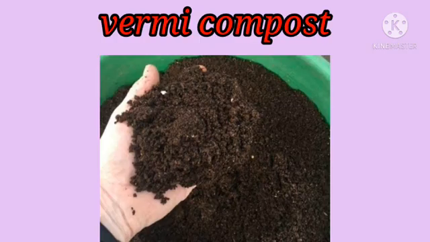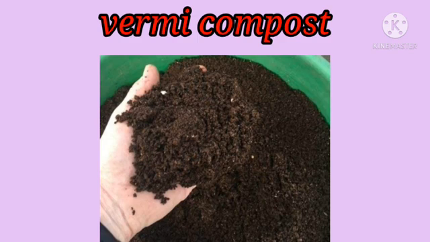Okay, next one, vermicomposting by the bin method. Let us see how to prepare vermicompost based on the bin method, one by one. It is the rearing of earthworms in a container or bin.